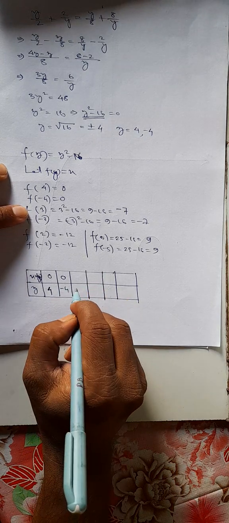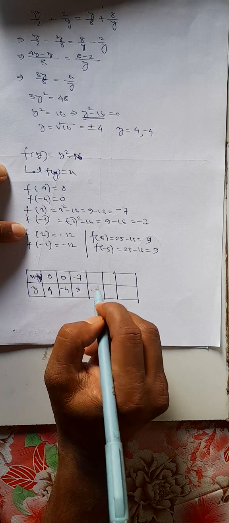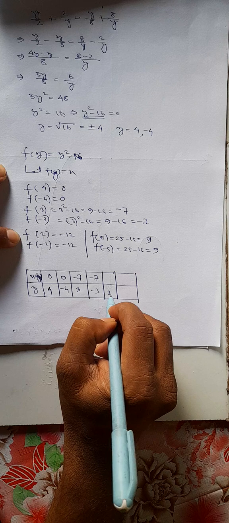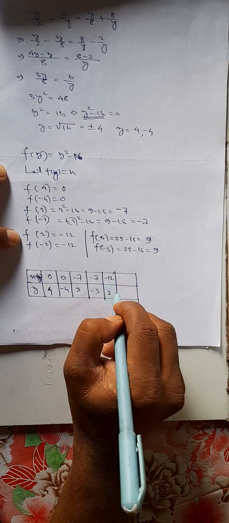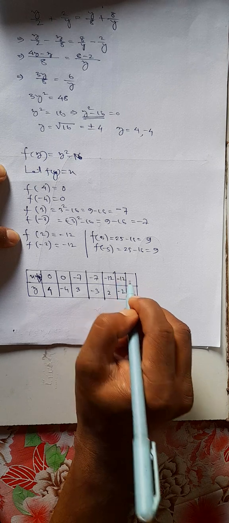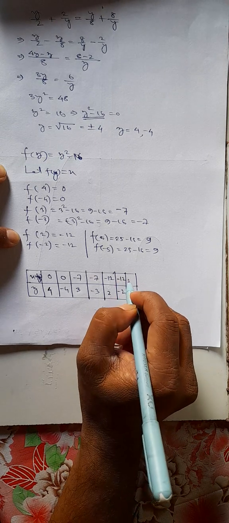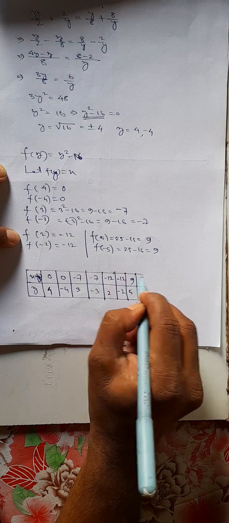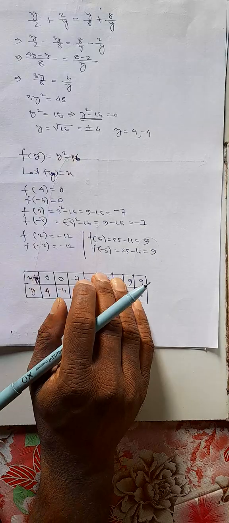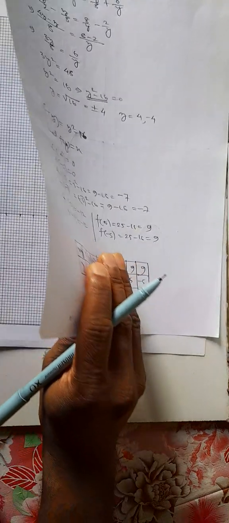When y equal to 3, f(y) equal to minus 7, and for minus 3, minus 7. For 2, minus 12, and for minus 2, minus 12. When y equal to 5, f(y) equal to 9. When it is minus 5, again it is 9. Now let us draw the graph of this equation.